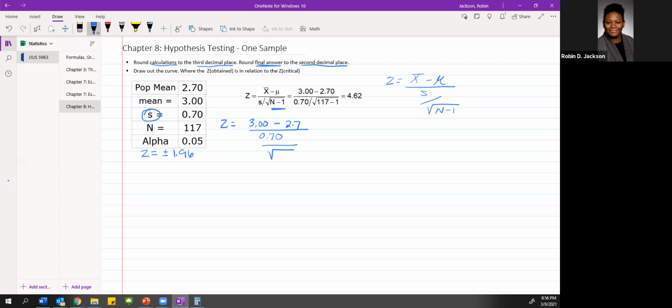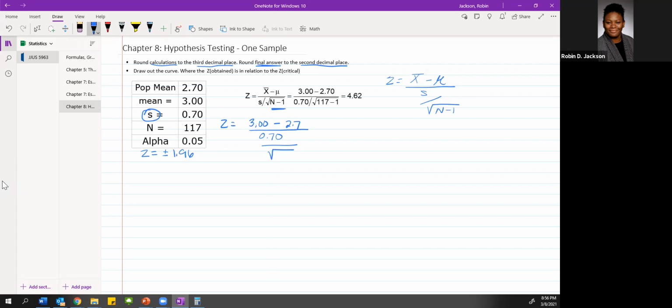Whenever we have a sample standard deviation, we divide that sample standard deviation by the square root of the number minus 1. So that's why in this particular equation, the Z obtained that I'm getting, you don't see N. It's because we don't have the population standard deviation. We have the sample standard deviation. So I have to divide that sample standard deviation by the square root of N minus 1, okay?